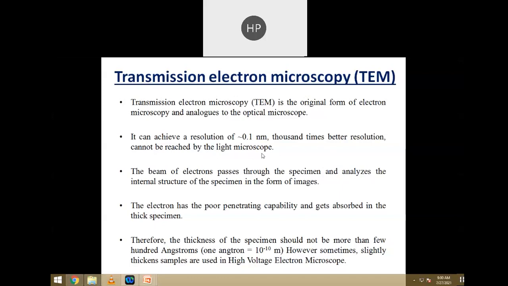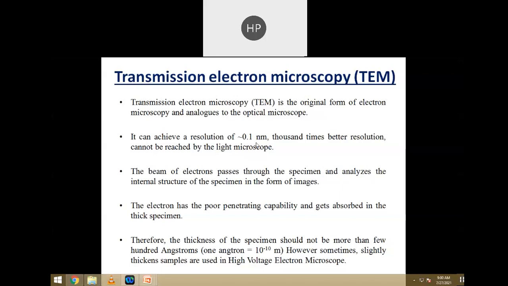That's why the light microscope has a limitation that it cannot go into depth like this. But when we want to study in depth with a resolution of 0.1 nanometer, we can use a transmission electron microscope.